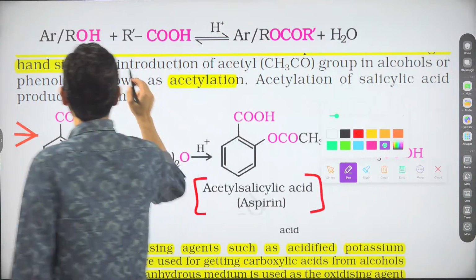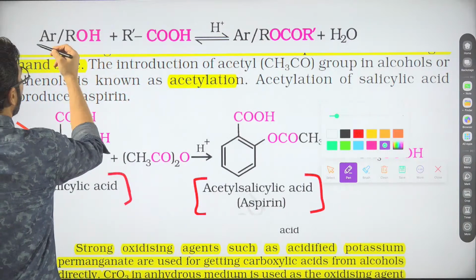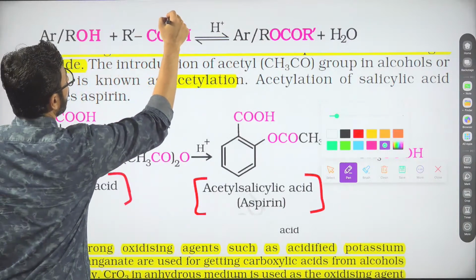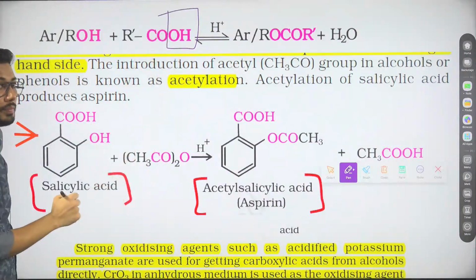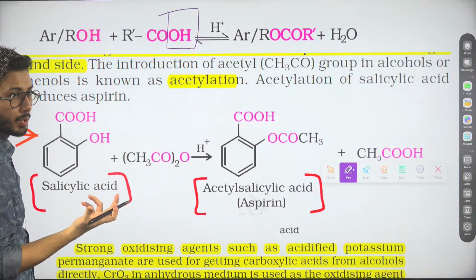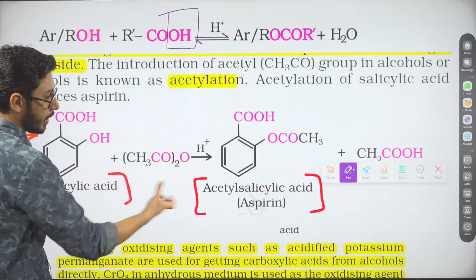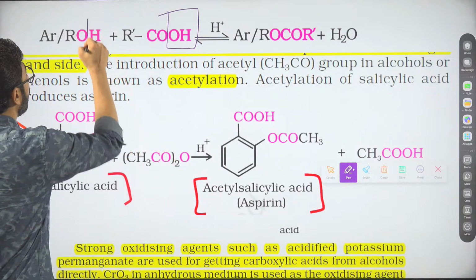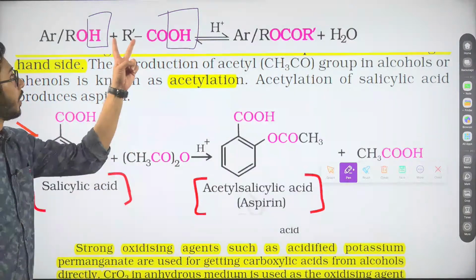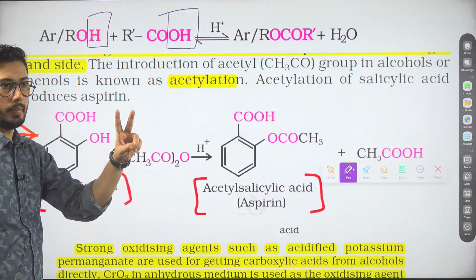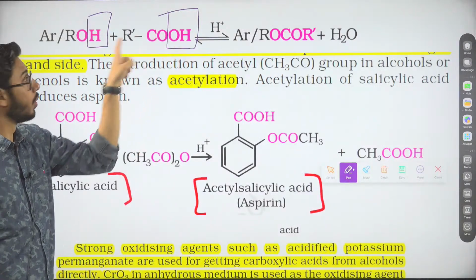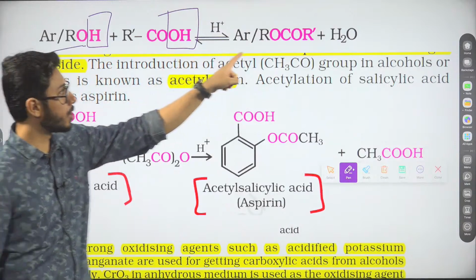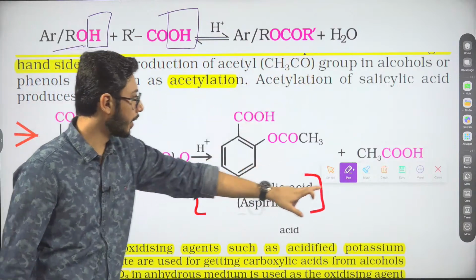Like here, this is alcohol or phenol, both possible. Here, what is leaving? OH. That is the way to remember esterification, if you want. Otherwise, at least remember aspirin formation. And here, H. Remove water directly. What will be left? R-CO with OR. That is ester formation. Okay, that is the basic meaning.